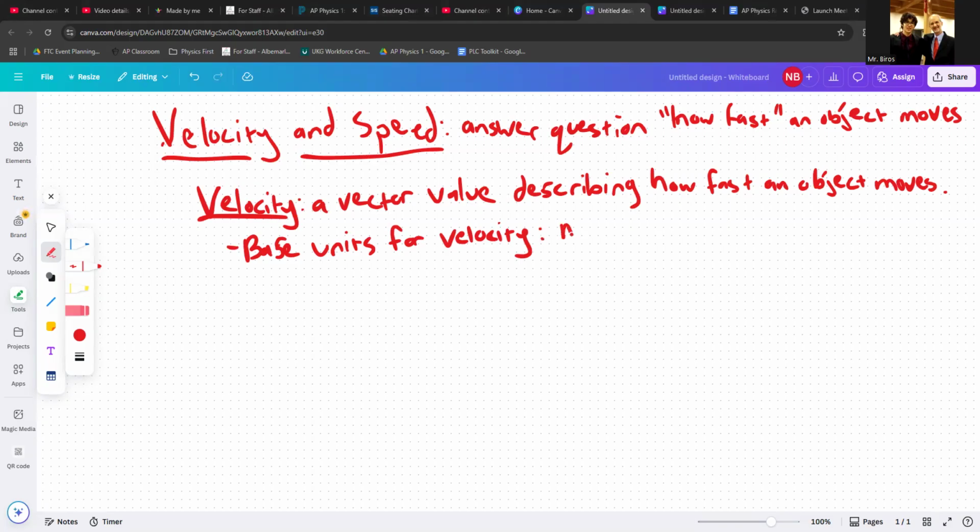But we're going to be sticking with meters per second, abbreviated m/s. So meters per second is the default we're going to be using. And if for any reason you have units that are not meters per second, you'll need to convert them into meters per second.